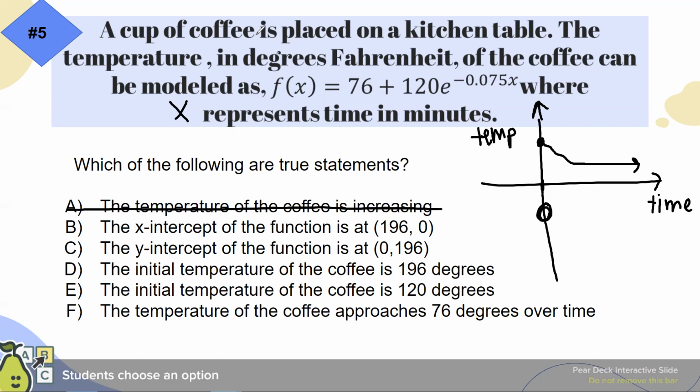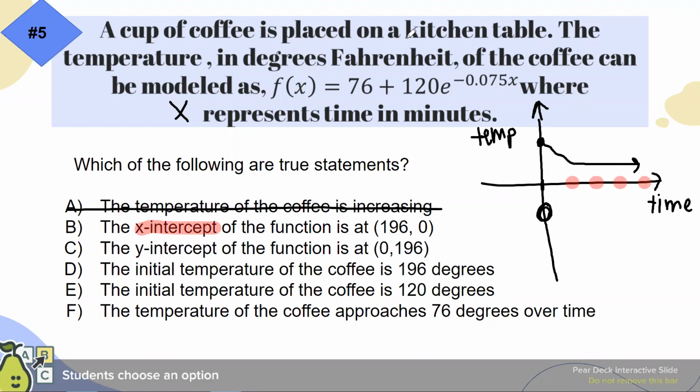The x-intercept and the y-intercept are the next two statements. Let's think about this. If the y-axis is temperature, for us to have an x-intercept, the graph would have to cross the x-axis somewhere.